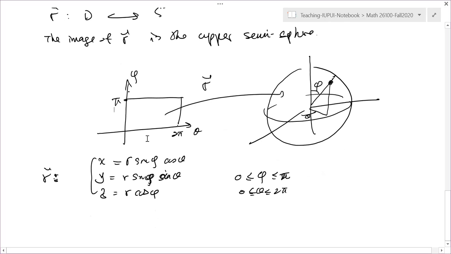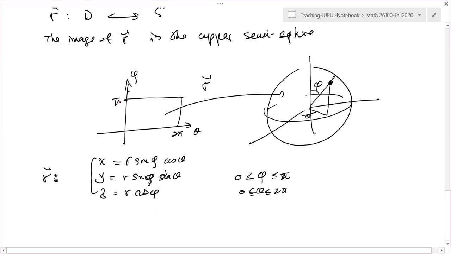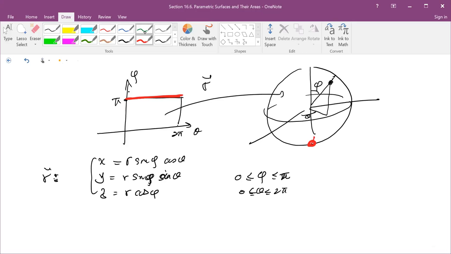Now, this is not a one-to-one correspondence, okay? Let's look at this red line. Where is the red line going? This line is all mapping to this point, right? It's collapsed to this point. Okay.